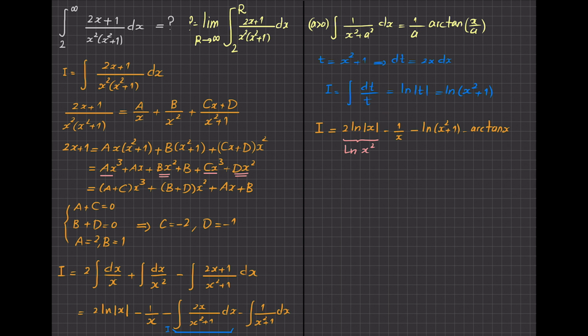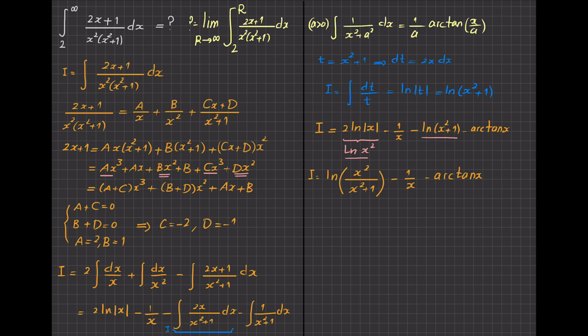Okay, and then I can combine this one with the last one and write it as one single ln. So I can write it as ln of x squared divided by x squared plus 1, and then I have minus 1 over x, and then minus arctangent of x. So this is I.